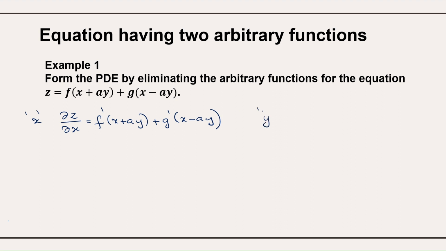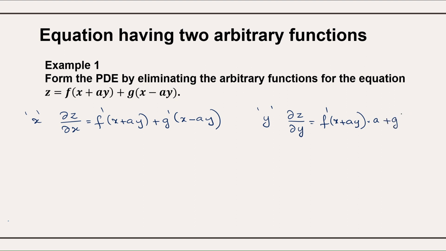Similarly, if we differentiate with respect to y, it becomes dou z by dou y, which is equal to f dash of (x plus ay) into a, because here we have a into y. Since we are doing it partially with respect to y, the argument x plus ay gives you a. So into a we are getting.